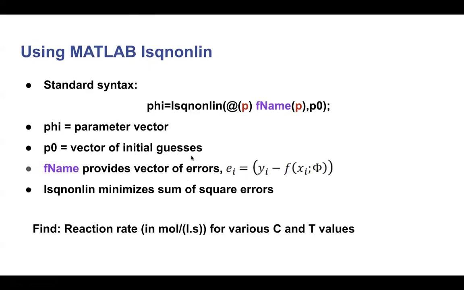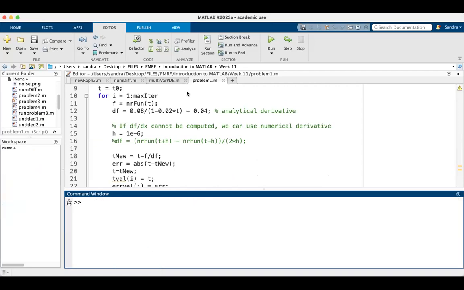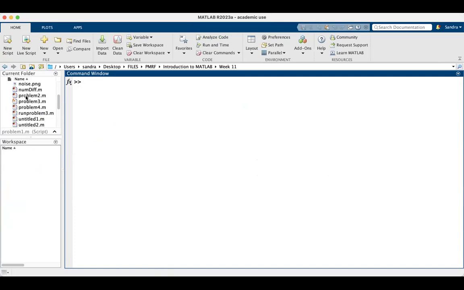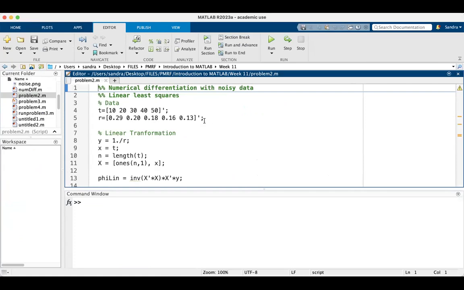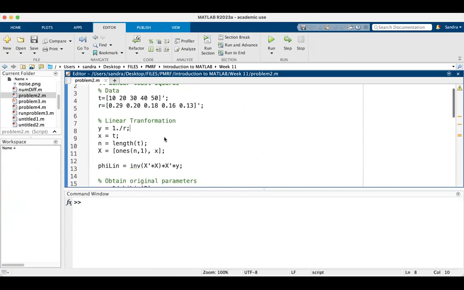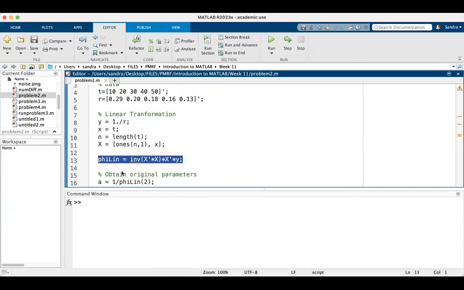So let us try to do that in Matlab. You see, this is the R value and the T value. Right now I'm using the linear least squares method. This is my linear transformation, and this is how I calculate my phi value.